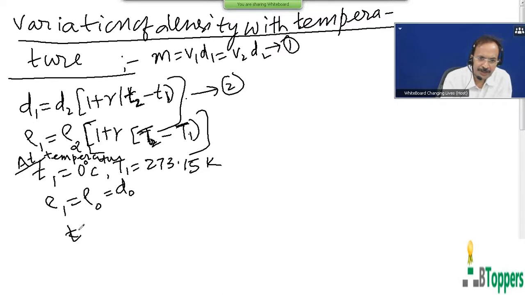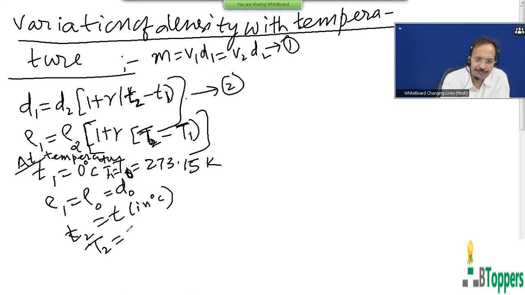Density at a second, higher temperature is denoted by small t, expressed in degree centigrade, and capital T1 is denoted by T naught. The corresponding temperature on the Kelvin scale is denoted by capital T, 273 plus small t.